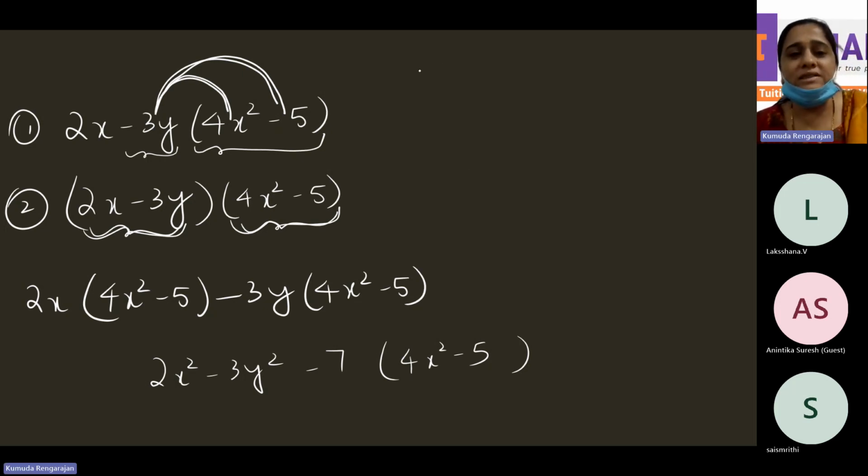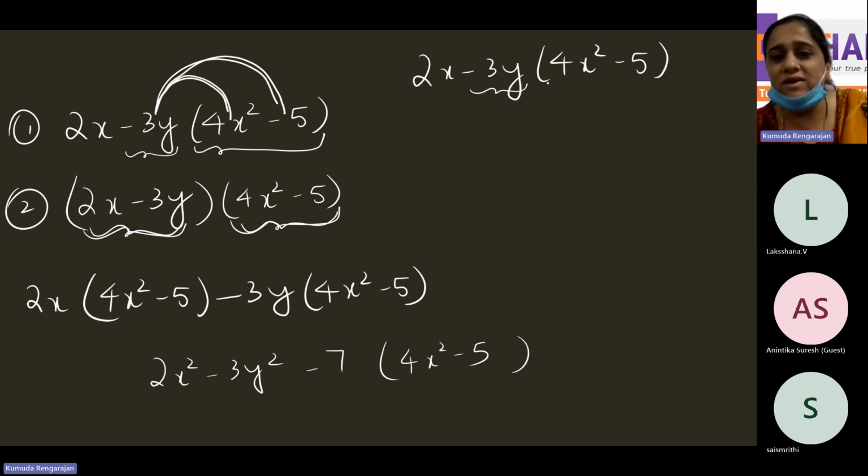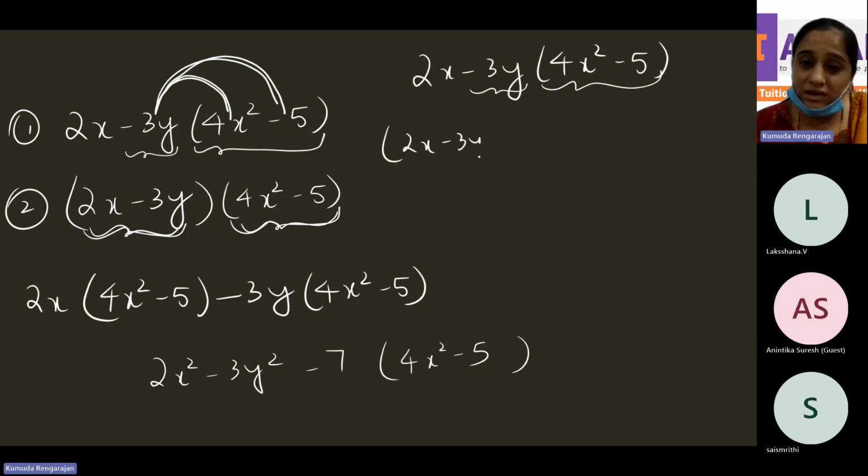So in the first one, 2x minus 3y into 4x square minus 5, here it means multiply only minus 3y with this one. But if you want to say multiply 2x minus 3y, this full thing, with 4x square minus 5, then you should use a bracket.